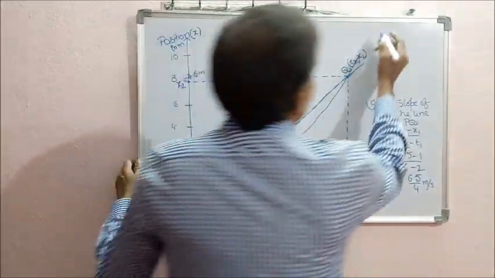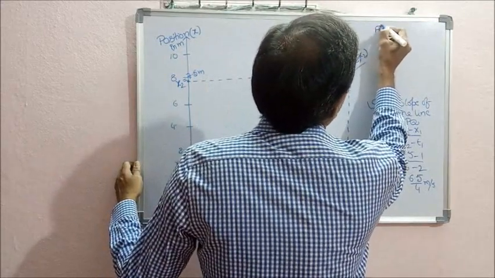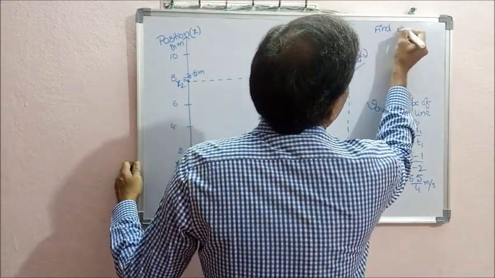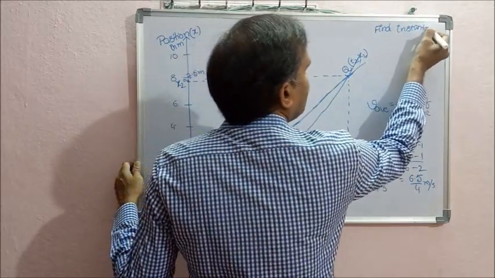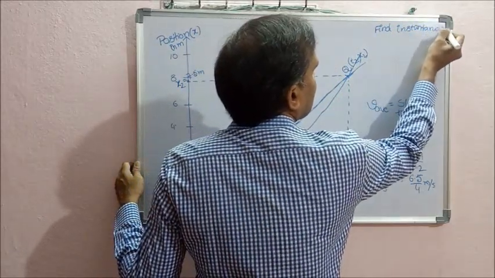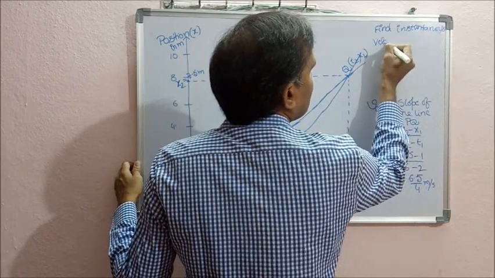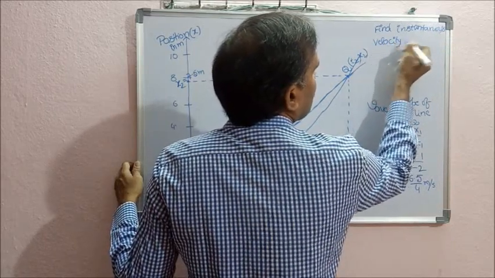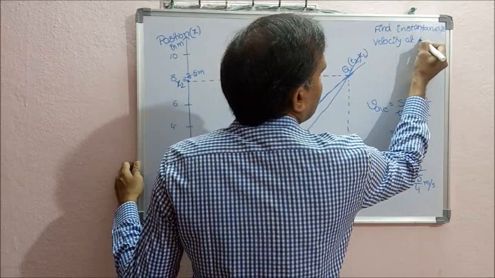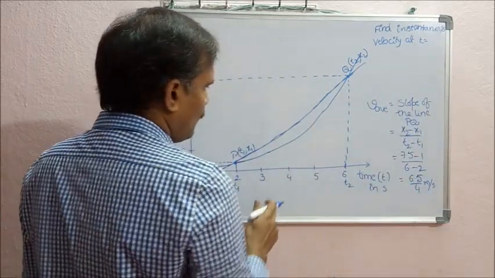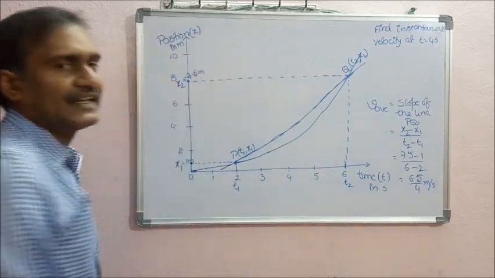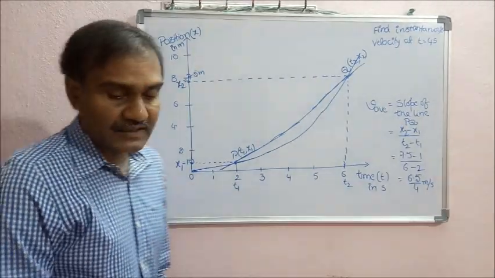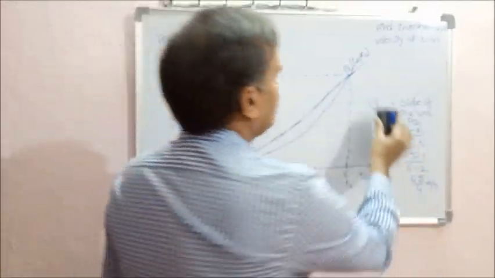Here, find instantaneous velocity at t is equal to 4 seconds. At t is equal to 4 seconds, we want to find out the instantaneous velocity.